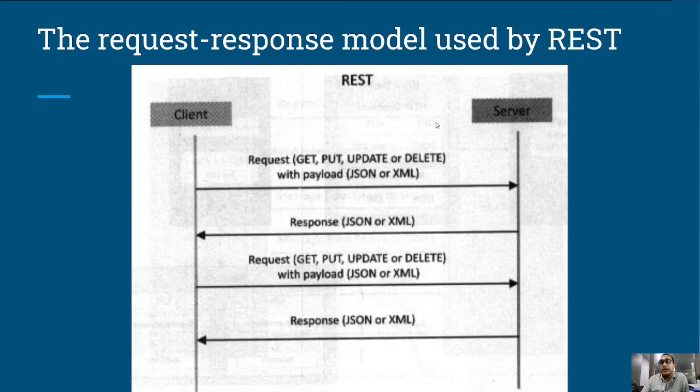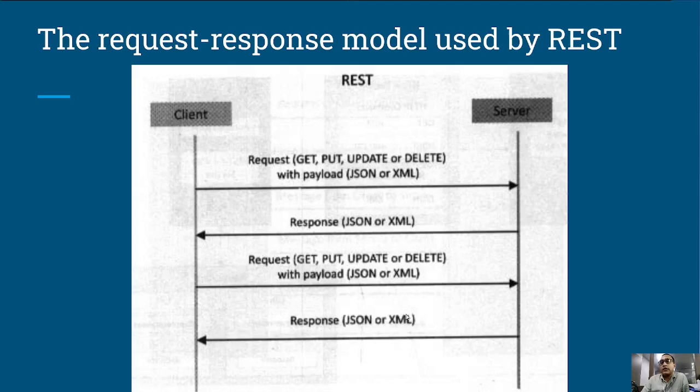This is basically the communication diagram of the REST-based API. There's a request using get, put, update, or delete. These are the HTTP commands, sent with the payload, which is in JSON or XML format, to the server. There's a response from the server that is also in JSON or XML format. Then there is another request, and in response to that there is a response from the server.